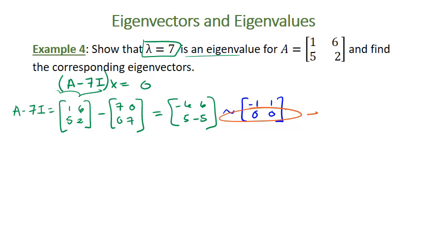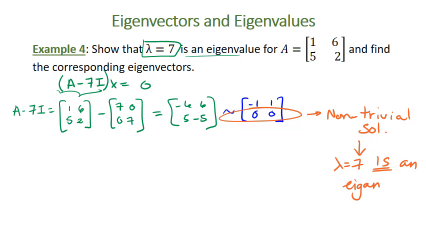This row of zeros tells us that we have a non-trivial solution. So that tells us that lambda equals 7 is an eigenvalue of matrix A.